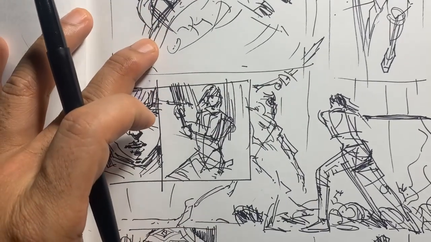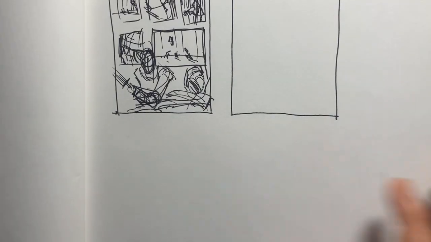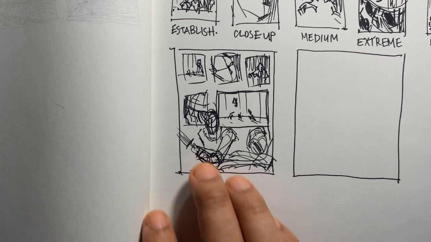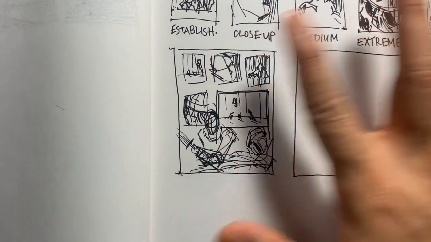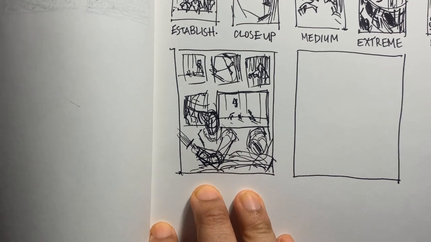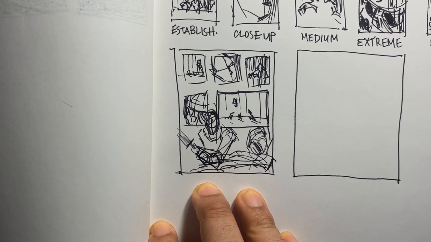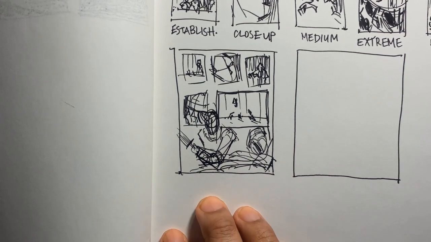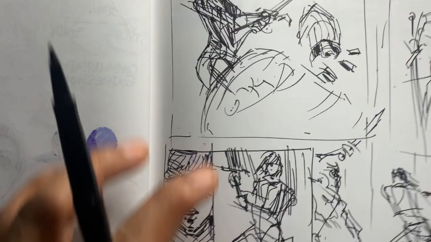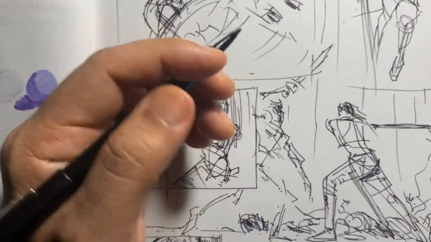However, with thumbnails like this, I would prefer to have this to work out the thing. It would probably be better. I'd probably get better page layouts, and it would take off some of the stress of coming up with things, then I could just focus on drawing.